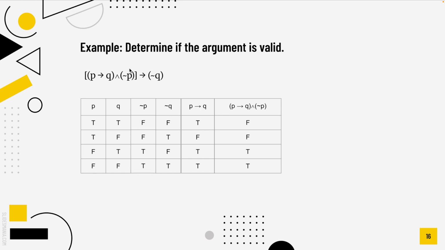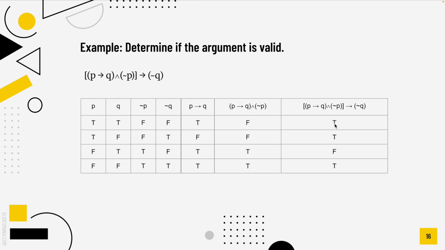And now that I have this whole first bit, I'm seeing if it implies this column. So where this is true, this must also be true. And because not all are true, then it is an invalid statement. So we're saying here, if it's not P and Q, then that doesn't work for our final statement.